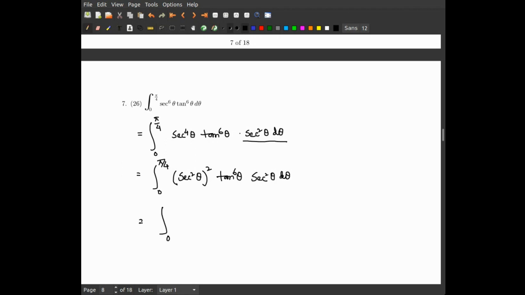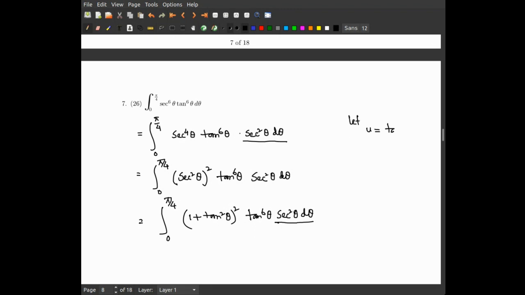Okay, so we have 0 to pi over 4, and this secant squared can be written as 1 plus tangent squared theta, and there is a square outside as well, and this is tangent to the power 6 theta, and this is secant squared theta d theta. And now we can see that except the last two terms, everything is in tangent. So we are ready to use our u substitution.